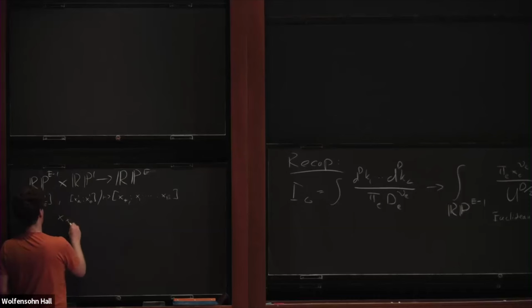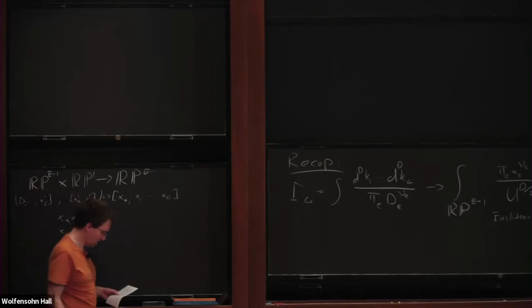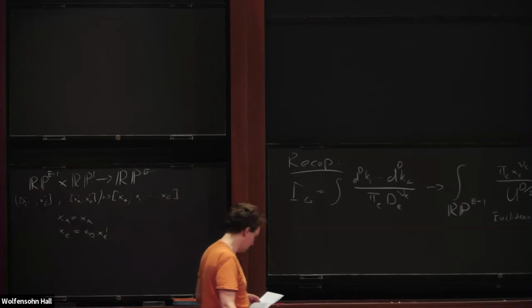So say, for instance, x star is xa, and these new edge variables are just xb times the primed x variables.